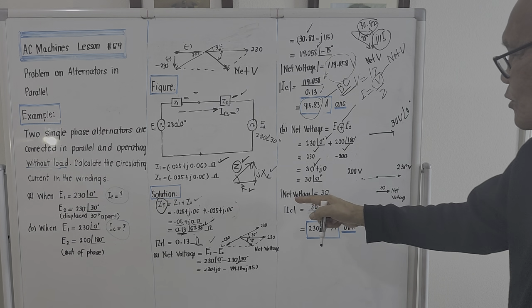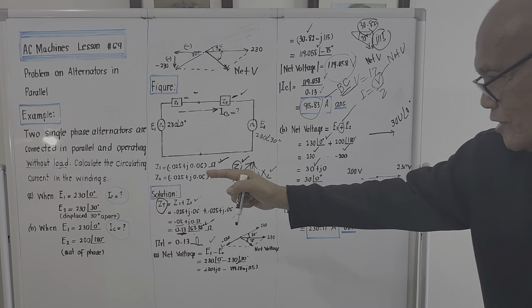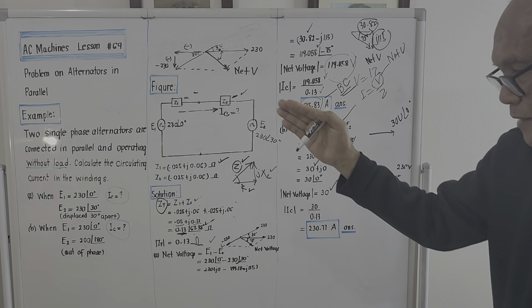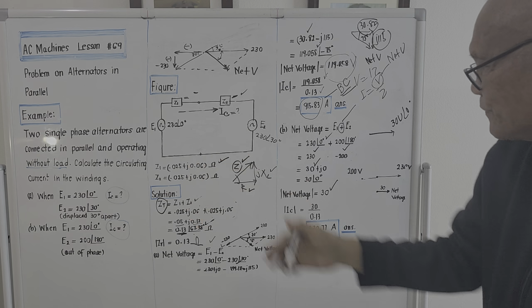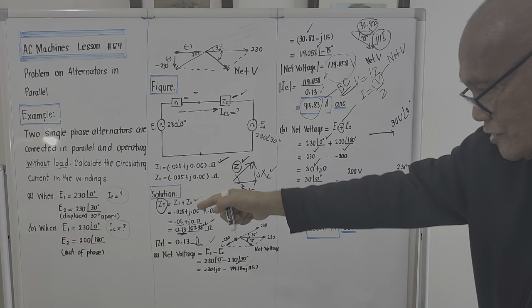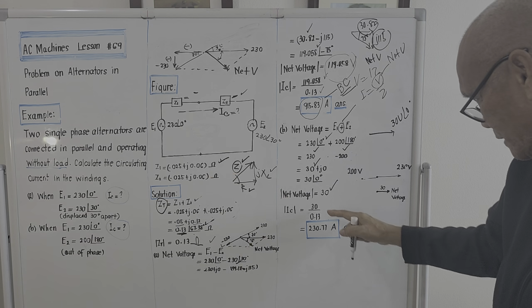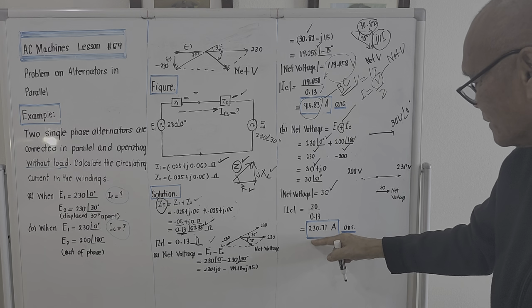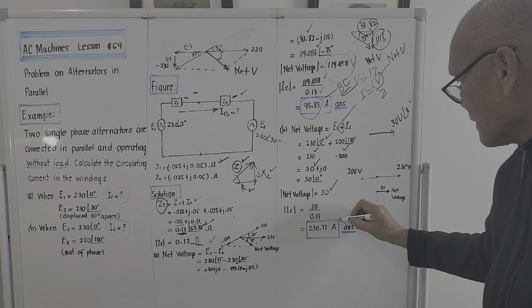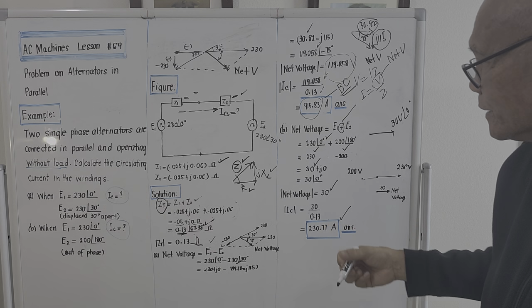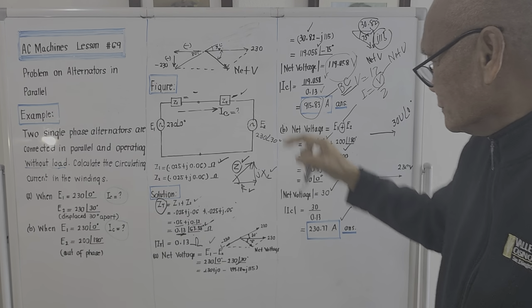So the absolute value of the net voltage for the second unknown circulating current will be 30 volts. Still, the absolute value of the impedance is 0.13. So the circulating current for case number 2 will be 30 over 0.13, and this should be 230.77 amperes. This is still a very big current, which might burn alternator number 1 and number 2.